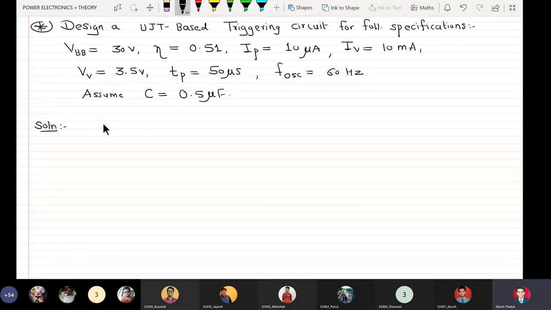So what is expected from us is the maximum value of R, the charging resistor, the minimum allowable value of charging resistor R min, and RB2. Okay. RB1, I'm very sorry.